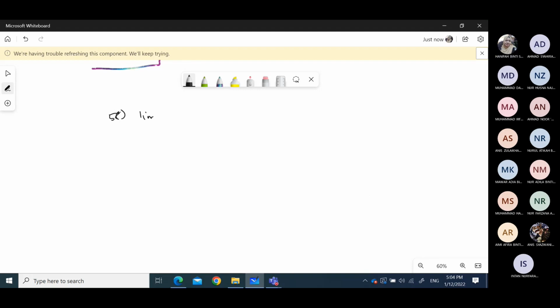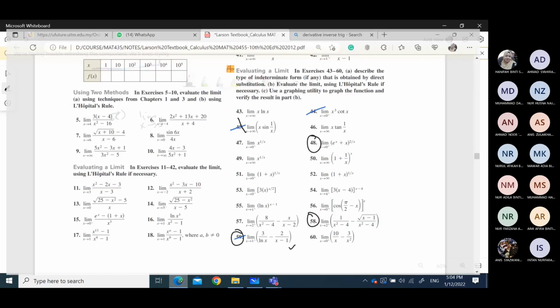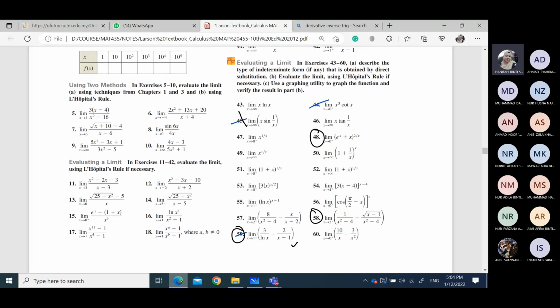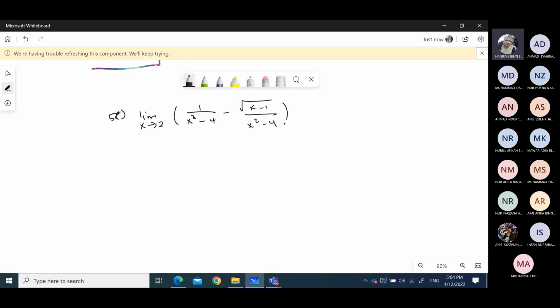Limit x approaches 2 for 1 over x squared minus 4 minus square root of x minus 1 over x squared minus 4.